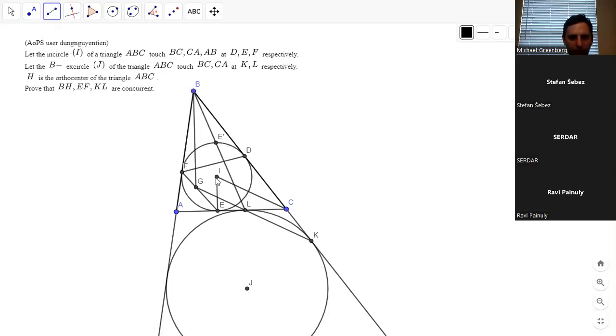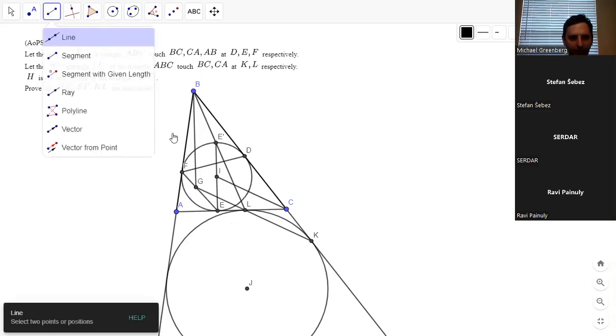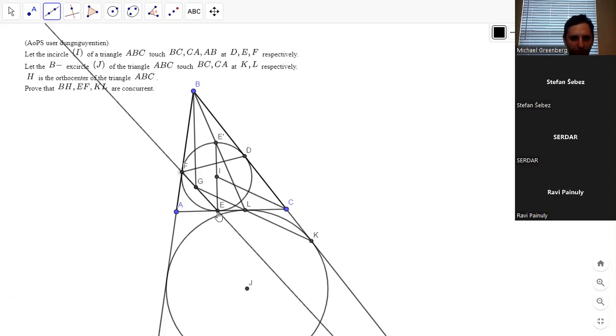And we want to prove these are parallel, which I don't know if EF and BL, yeah, that doesn't look like it.